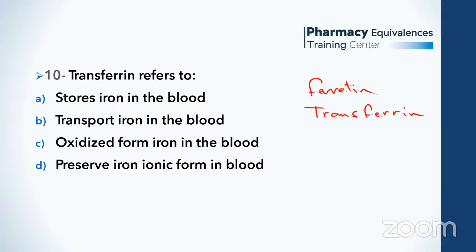It is the transport system of the iron, the protein that carries the iron in the blood, called transferrin. Okay, we have iron binding capacity, the capacity of protein to bind to the iron. So transferrin transports iron in the blood.